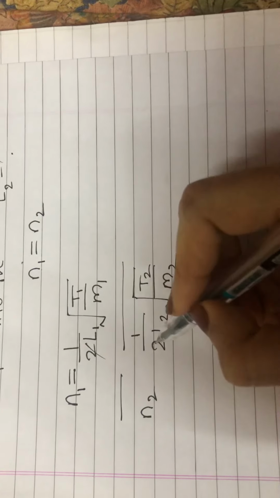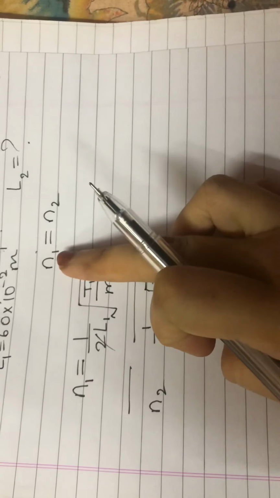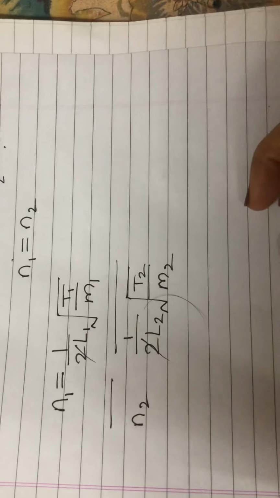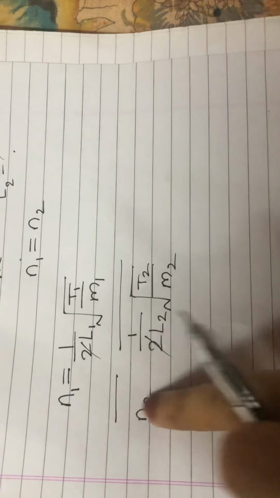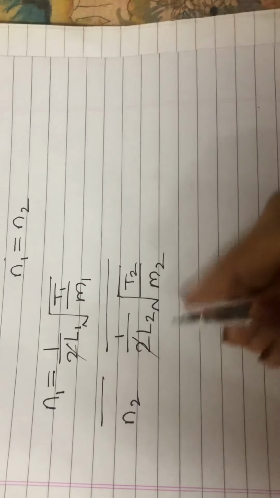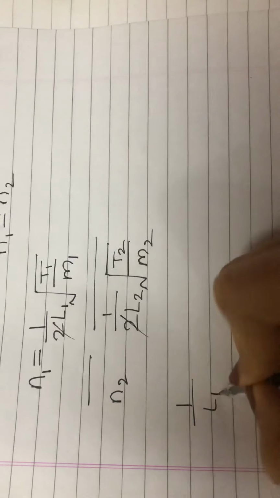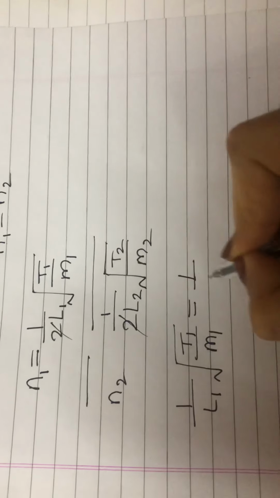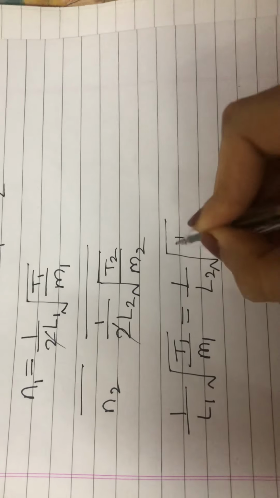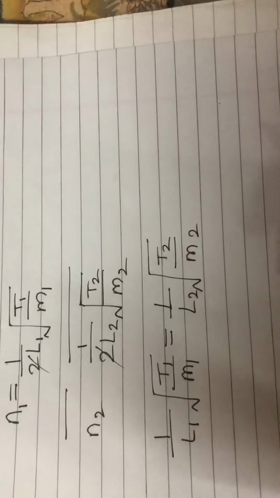Now the 2 and 2 get cancelled. What is the condition? N1 is equal to N2. If N1 is equal to N2, the left hand side is equal, so the right hand side will also be equal, that is 1 upon L1 under root T1 upon M1 will be equal to 1 upon L2 under root T2 upon M2, right?